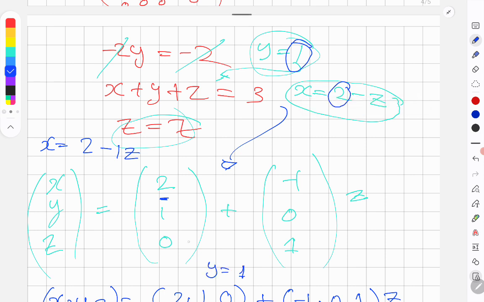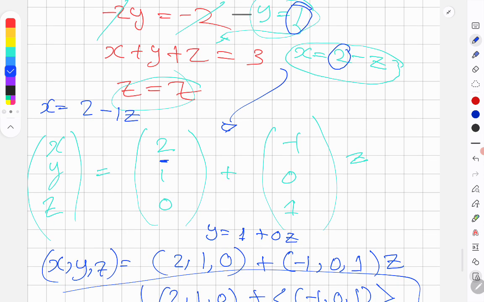So y equals 1 plus 0 times z. Is the constant the same? Yeah. Write the equation for z: z equals 0 plus 1 times z. Yeah, it's correct. So this is another form of the solution.